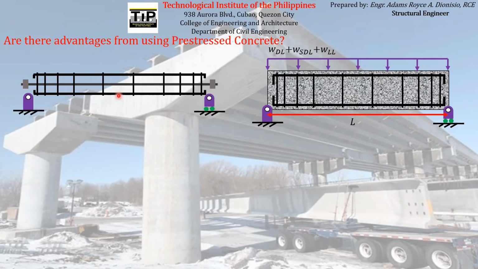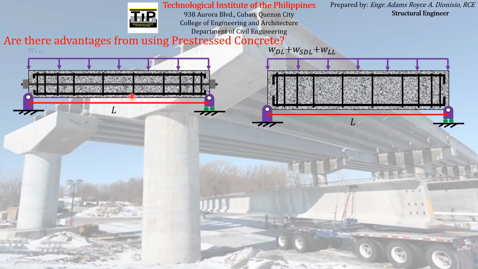So again, say for example, we have a simply supported prestressed concrete with the same length as this reinforced concrete, and also carrying the same magnitude of service loads. So we have here a reinforced concrete and a prestressed concrete.